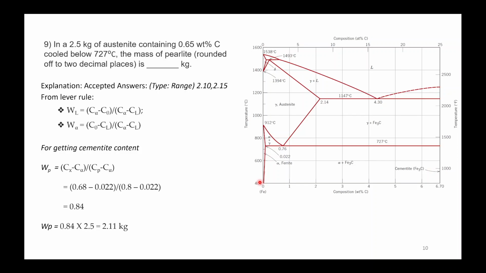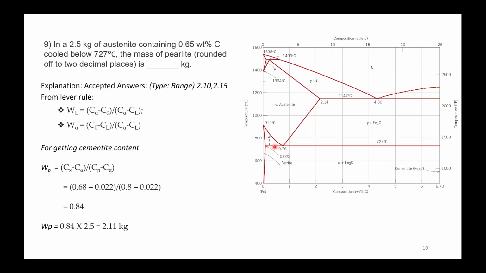Okay, ma'am. Okay. So in this case, the composition given is 0.65%, which is lying between your eutectoid point and here your 100% ferrite. Here it is your 100% pearlite.